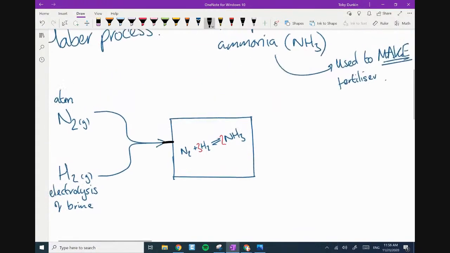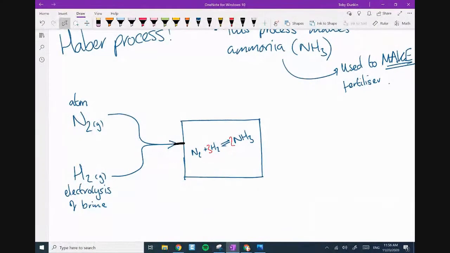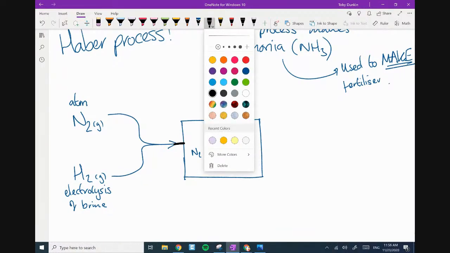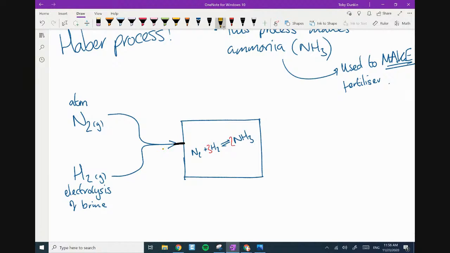Now, at this point, you then get an output. But just before I go any further, there is also inside this chamber a series of metal, like a metal wire frame inside it. If I do a really skinny highlighter, it means you can see through it. I should do it in gray. Color code it, Mr. Duncan.